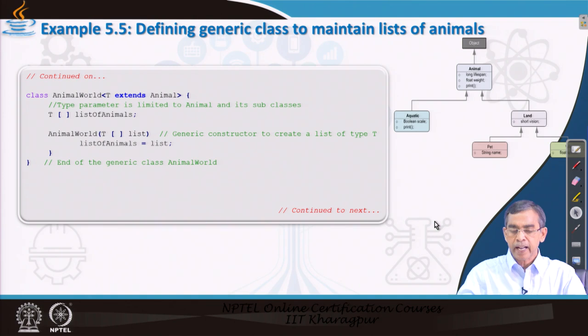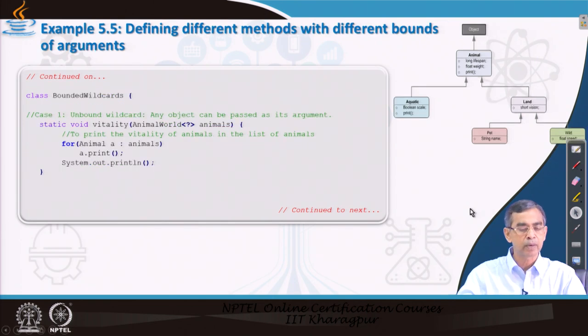Okay, and then we want to declare a few methods of it. Let us see how we can declare the different methods. This is an example of the bounded wildcard program. Here we want to use an unbounded wildcard, and you can note it. Vitality is the one method we are going to declare here, which belongs to this class.